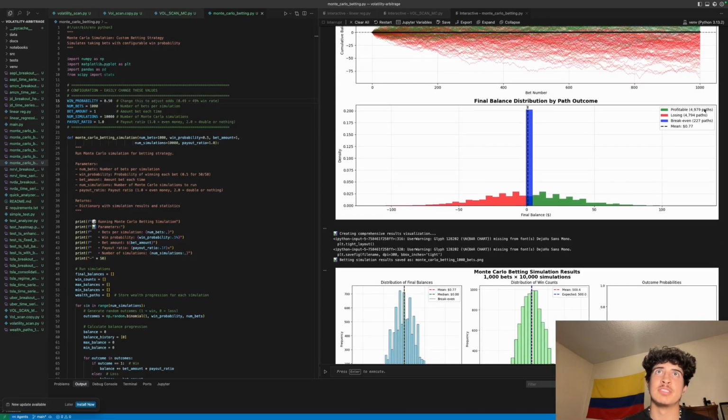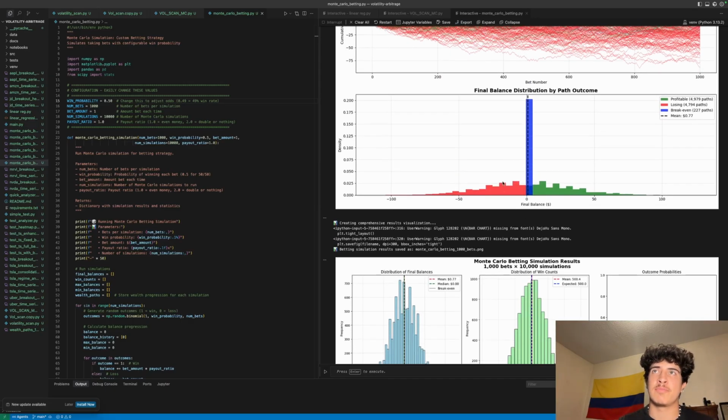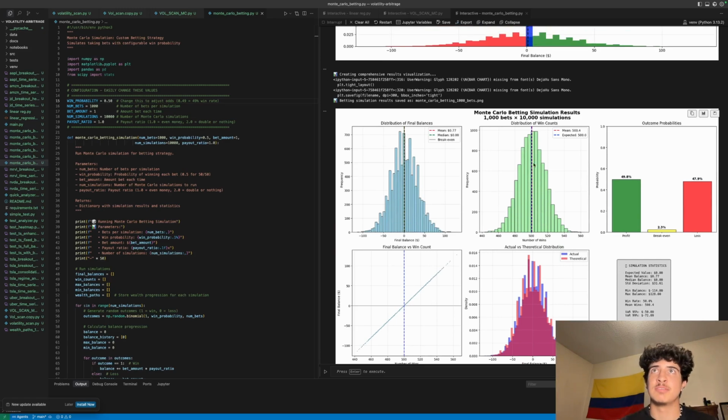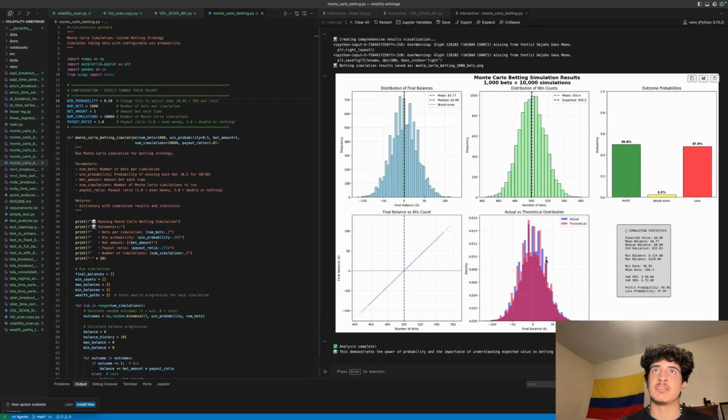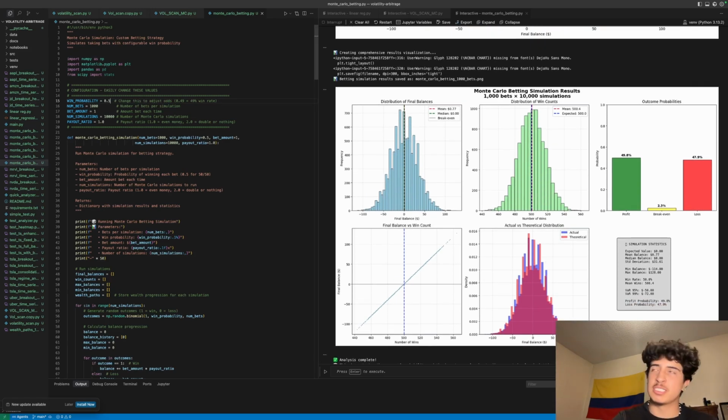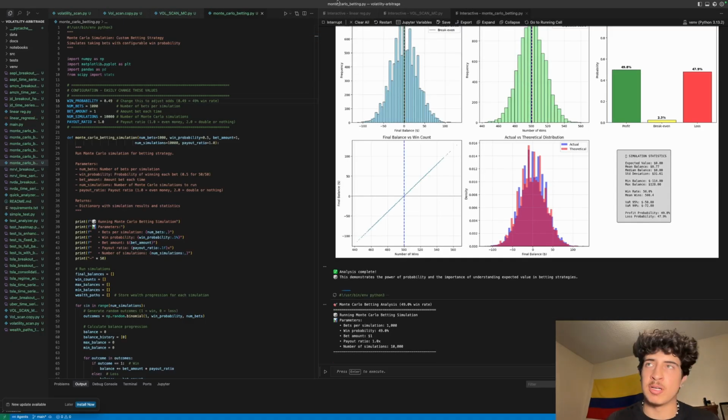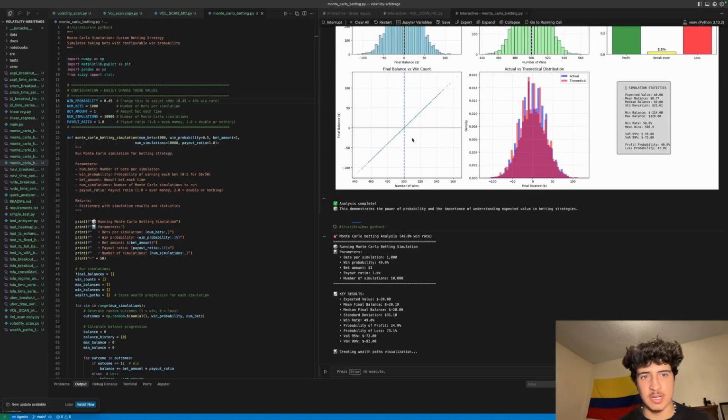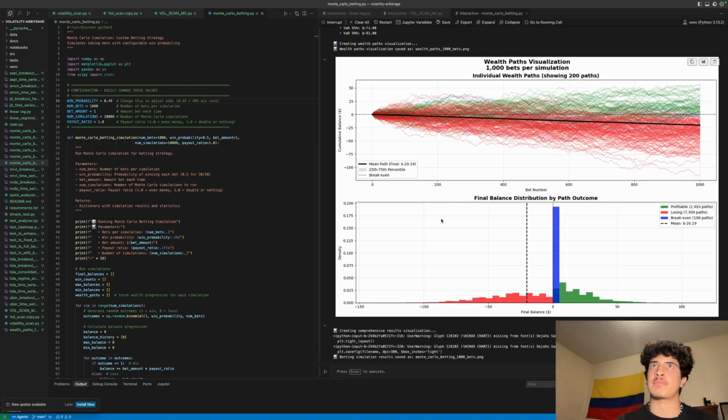You can see the distribution, a pretty similar amount of losing and winning bets, and this is that distribution curve. It's very symmetrical. Now we're going to change this probability to 49%, so it's not 50-50 anymore, and we're going to see how that changed the data. While this is loading, think to yourself, what is it going to look like?